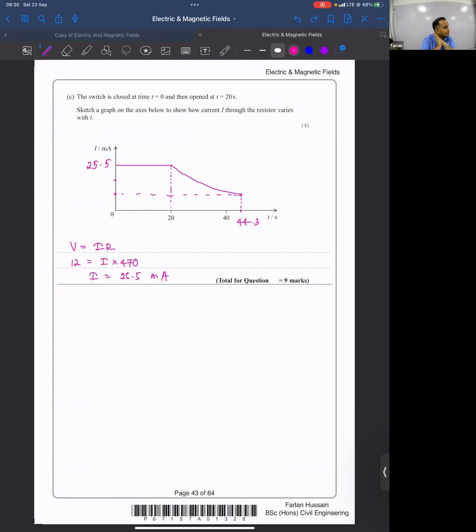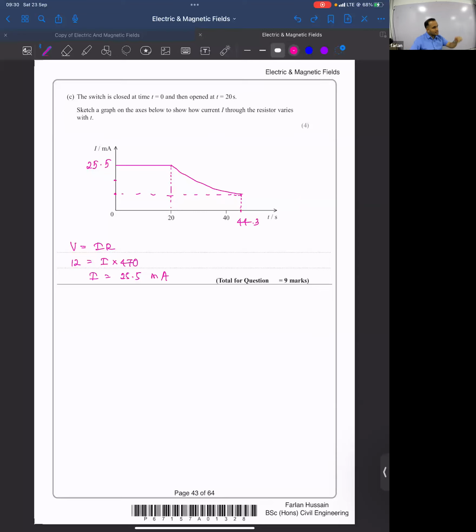It's a 4 marker. To be very honest, unless you see the marking scheme, you don't know for what the marks are allocated, especially when it comes to a 4 marker, 5 marker, 6 marker. Even if I do the exam, I don't think I will be able to get the entire 6 marks for a 6 marker.